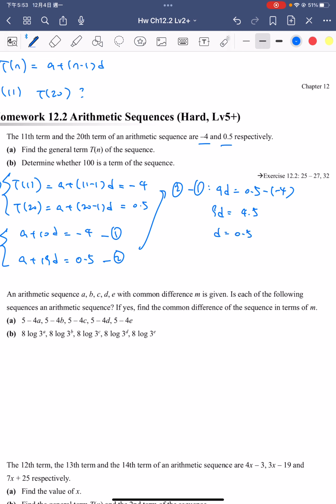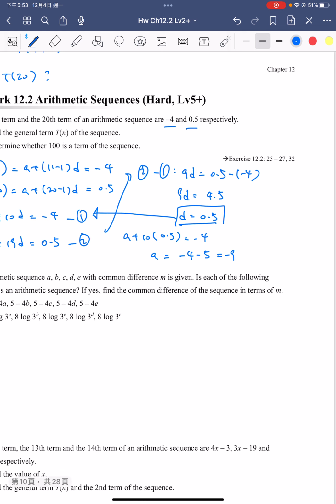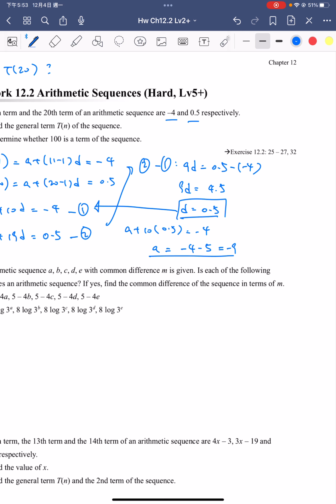Then we can substitute d back into our first equation, so that we have a plus 10 times 0.5, giving you -4. So we can find out that a is equal to -4 minus 5, giving you -9. Now we have the values of a and d.